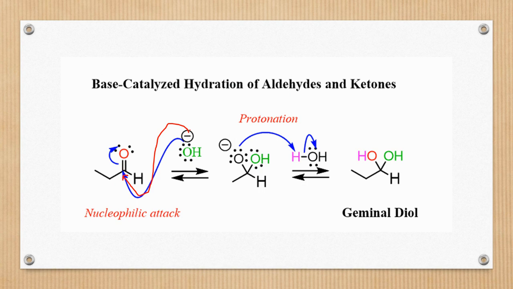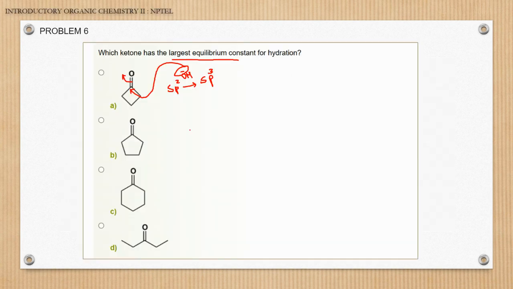So you have to figure out in which case the attack of the nucleophile will take place. Facile attack of the nucleophile will take place in which case: A, B, C, or D? Can anyone tell me which carbonyl carbon is attacked readily by the nucleophile, the OH minus?